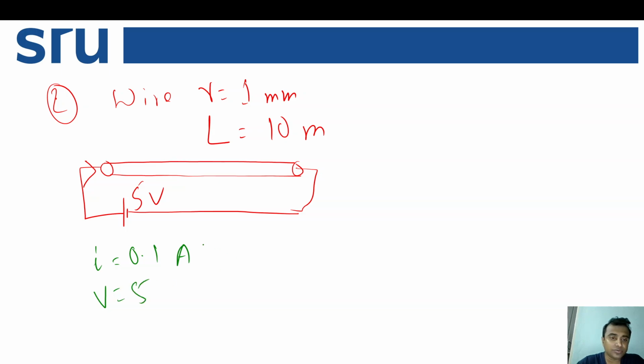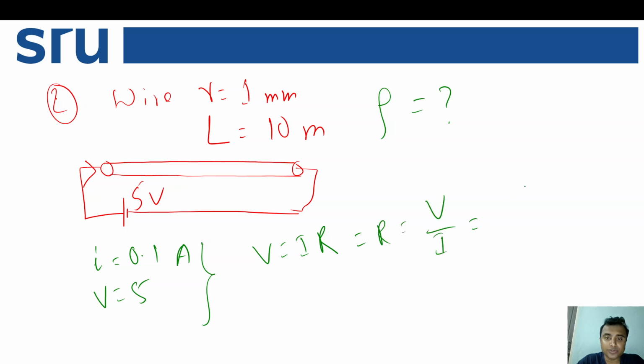Now how do we calculate the actual resistance? Our job is to find out the resistivity of the material. So how to get that? Now we know that V equal to IR, so R equal to V over I, which is equal to 5 volt by 0.1 ampere, so it is 50 ohm.